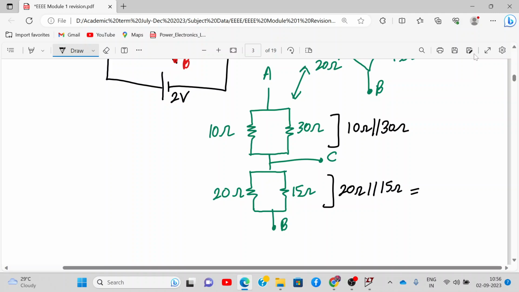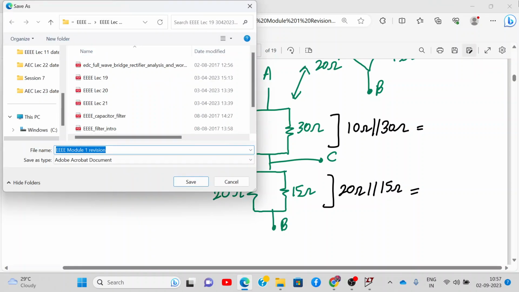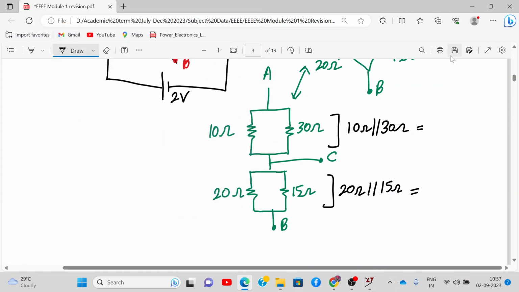So quickly calculate this and let me know the value please. 10 parallel to 30 ohm.